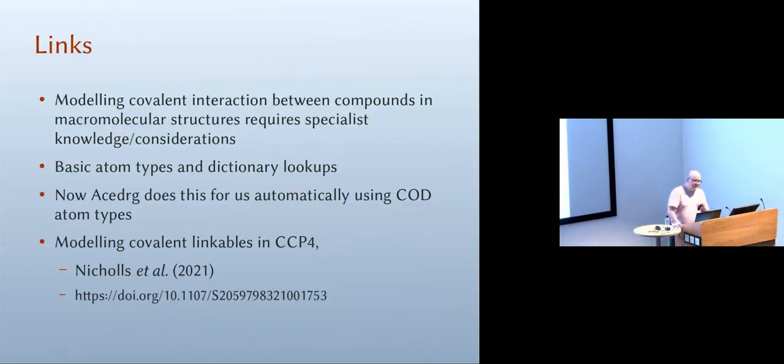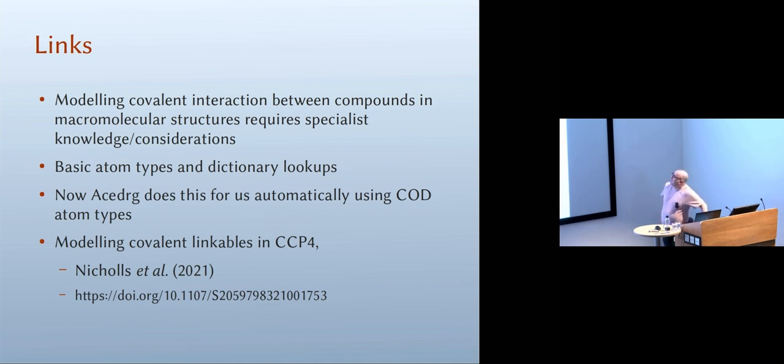Okay, so a relatively new addition to ACEDRG is the ability to determine links, and this was a difficult, time-consuming process. Multiple days of effort and understanding were needed to create dictionaries for links, and it was easy to make mistakes.